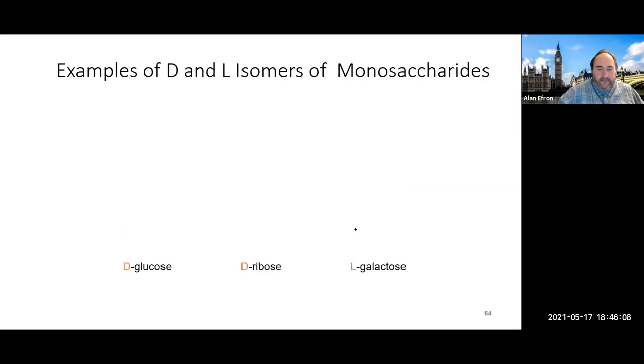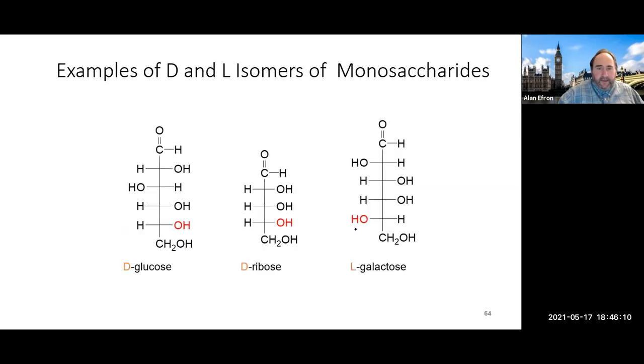All right, so if we look at a couple of these, this is glucose. You do need to know glucose and the structure that goes with it. You probably won't be asked to draw it, but if you see the drawing given to you, you do need to be able to recognize it as glucose. This is an aldose because it has the aldehyde group there on top.